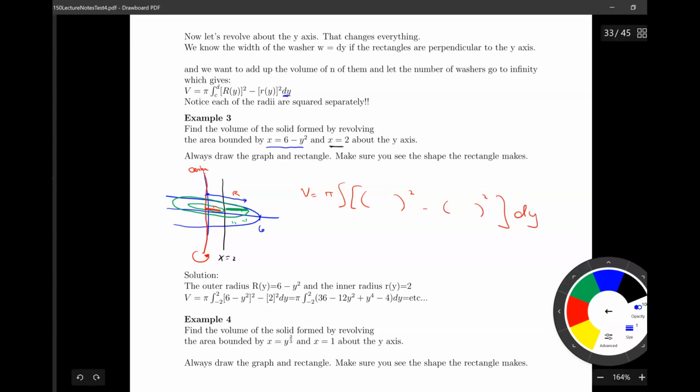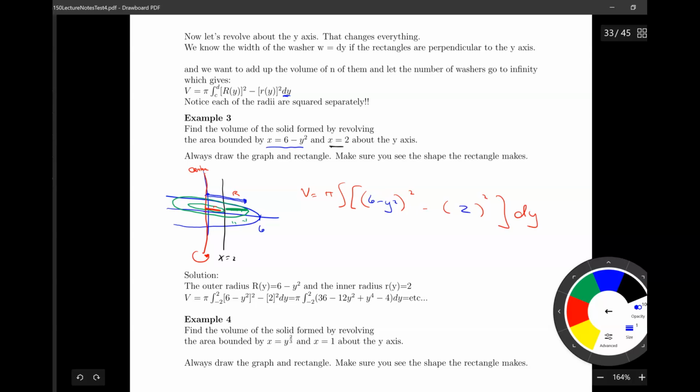All right, so let's find this outside radius. This outside radius from center all the way out here is going to be just out to that parabola. So that's the 6 minus the y squared. Okay, the inside radius, this red distance here, is going to be from the y-axis out to 2.